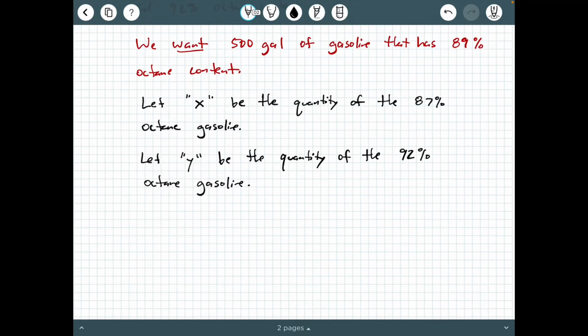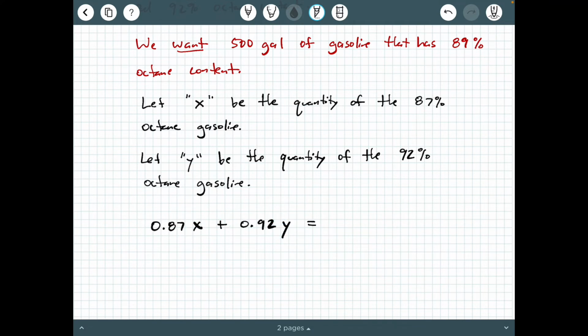Okay, now how do we set up a relationship? Well, we're gonna say that, again, we're dealing with some percentages here. So we're gonna say 0.87, that's the 87%, times X plus 0.92 times Y equals what? So we're saying the X is the quantity of the 87% octane gasoline. So we say 87% times X, that's a quantity in gallons. And then Y is the quantity of the 92% gasoline.